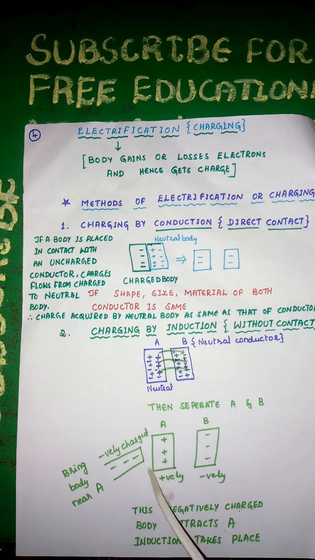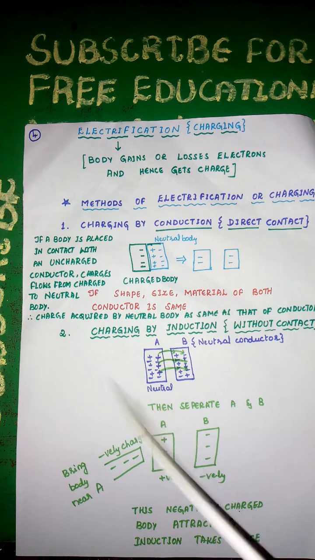One body gets an excess of positive charges. If it loses electrons to another body, obviously it gets a positive charge, and the one which gains electrons gets negatively charged. Then bring a negatively charged body near a positively charged object. Here A is a positively charged object. Then what happens?